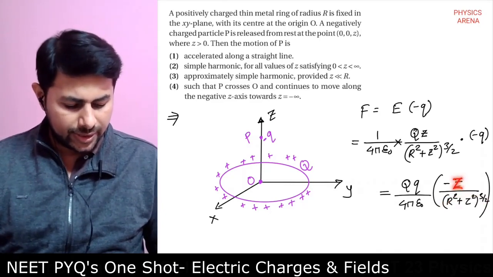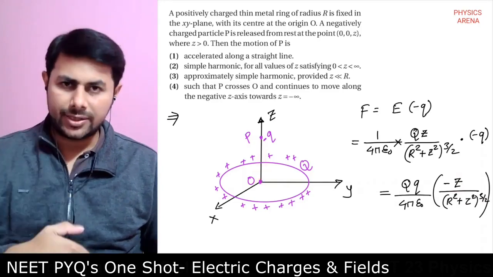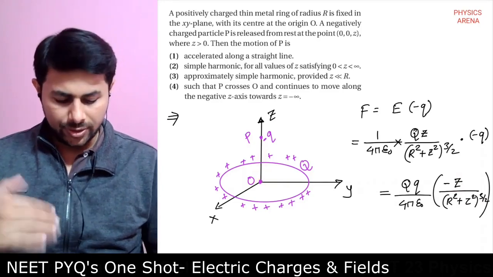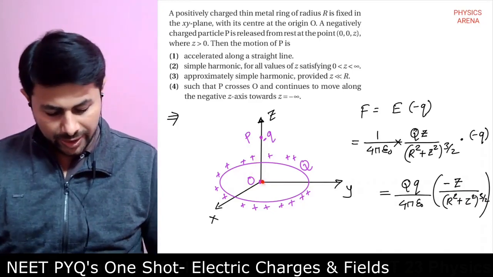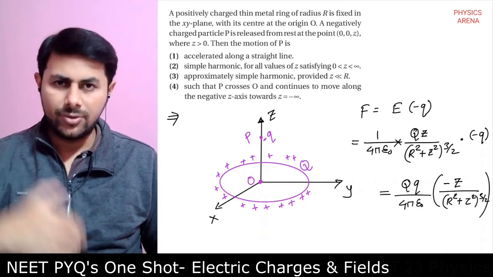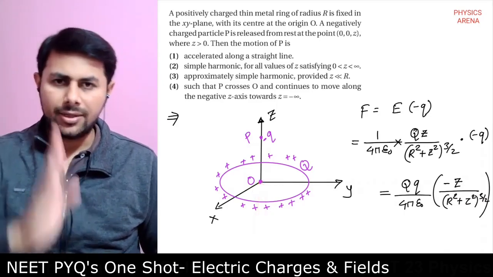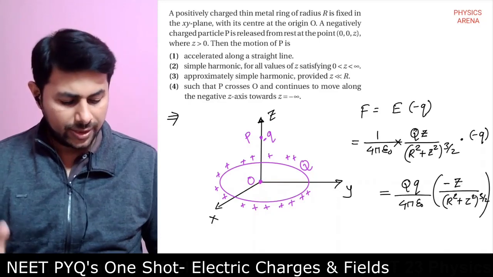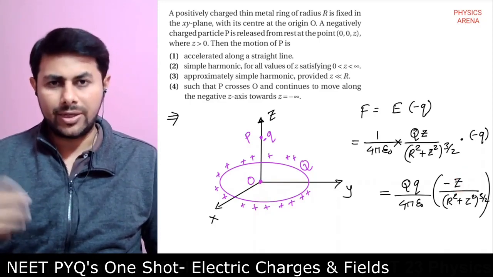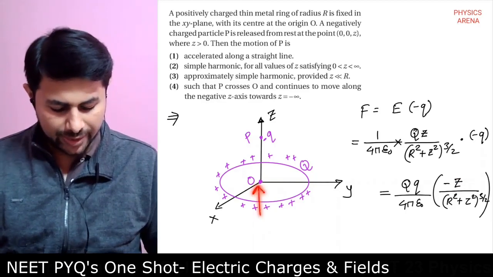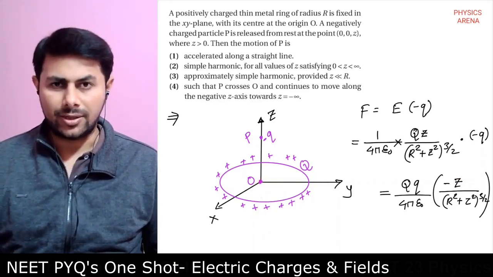The force is directed along minus z, which is the downward direction. When z is positive, it is directed along minus z. When z becomes negative, because the charge goes to the other side, the force will be directed upwards, because negative times negative gives positive. So it is always directed towards the center of the ring.